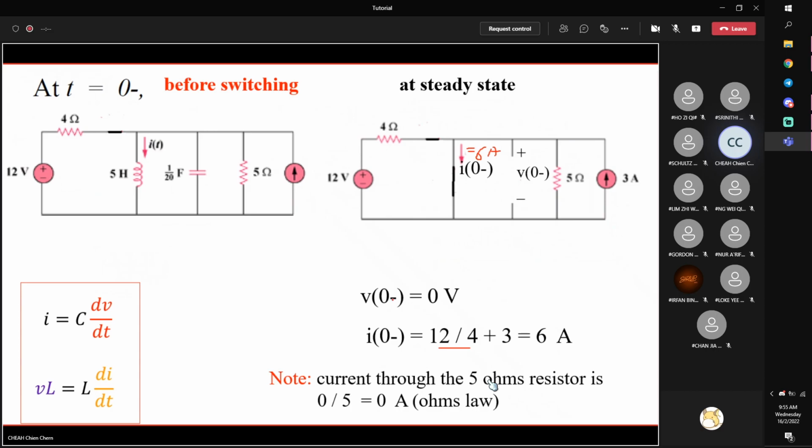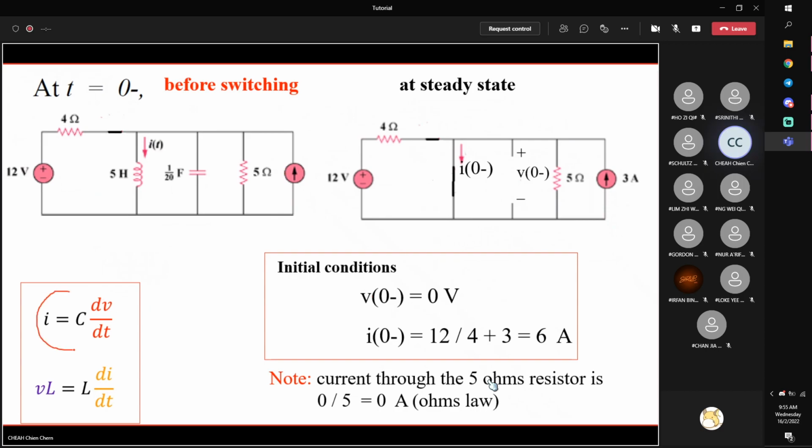Now these conditions are important. These are the voltage across the capacitor and the current through the inductor before switching, right? Before switching. Now that will become our initial conditions after switching, because according to circuit laws, we know that the voltage across the capacitor cannot change suddenly, right?